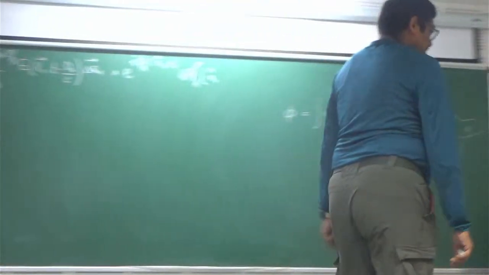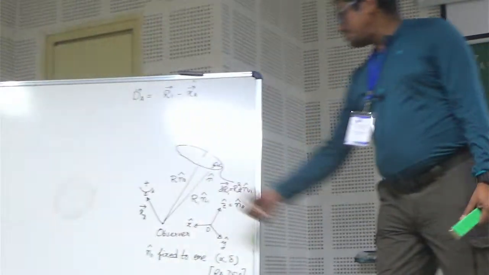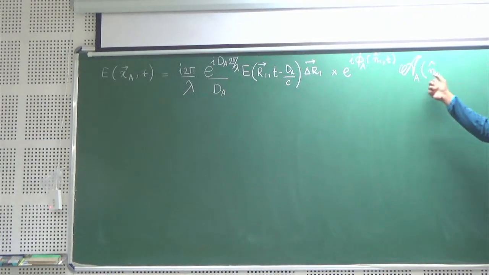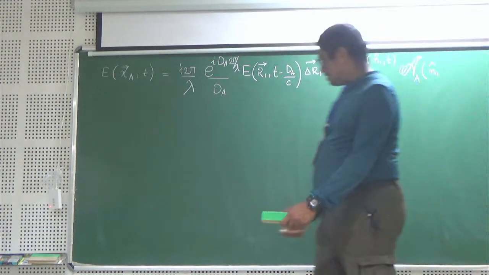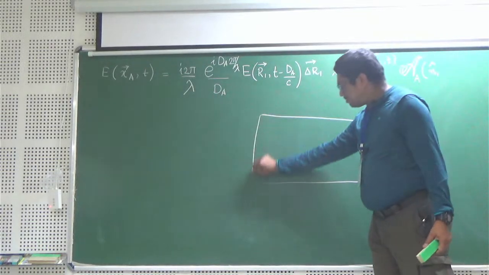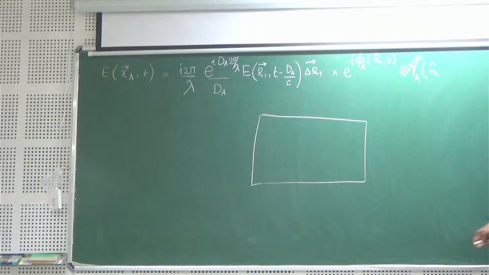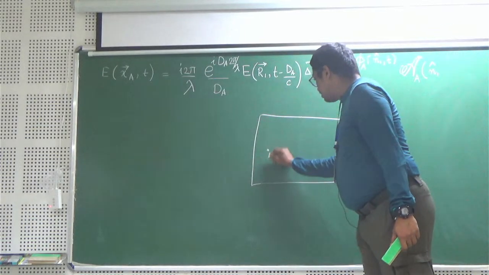But if it has an azimuthal dependence, which means it depends on both directions, so this n cap I can write in terms of theta and phi, so that it depends on both theta and phi, not only theta, then there is another effect that happens. If I look at a part of the sky, this is a part of the sky. It's not the part of the sky my antenna is looking at, it's a broader part of the sky. And you can imagine, let's say that I have Orion here.